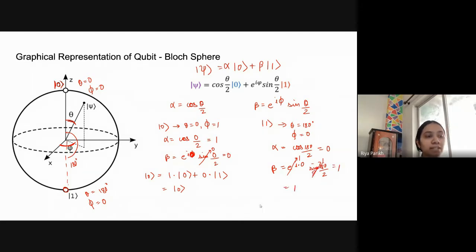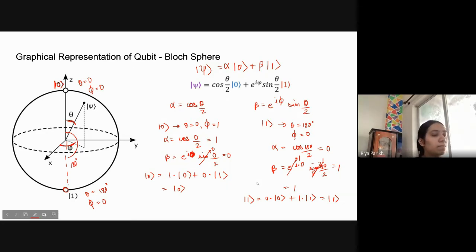So we get beta as 1. So we write state 1 in the form of alpha and beta as 0 times state 0 plus 1 times state 1. So we get state 1. So again, RHS is equal to LHS.